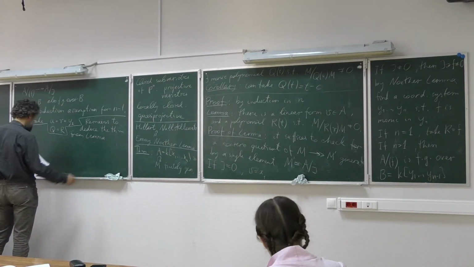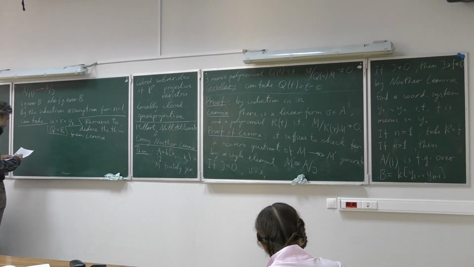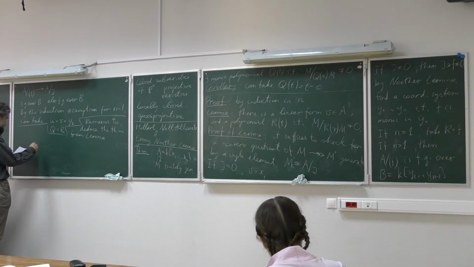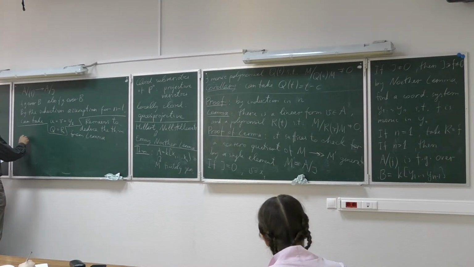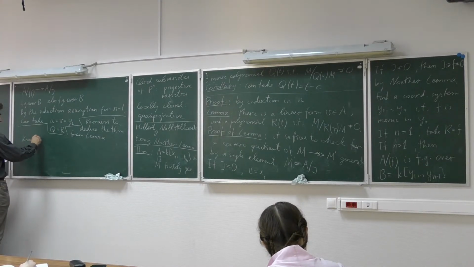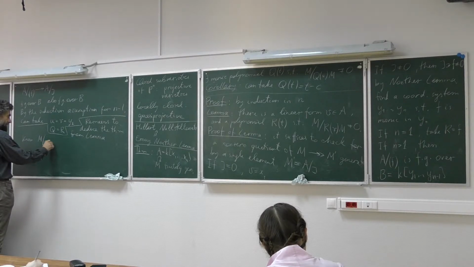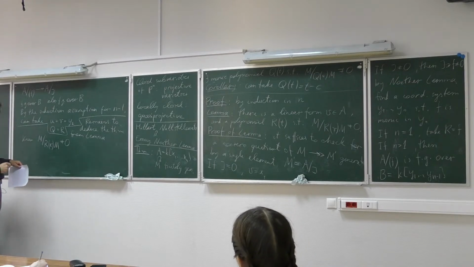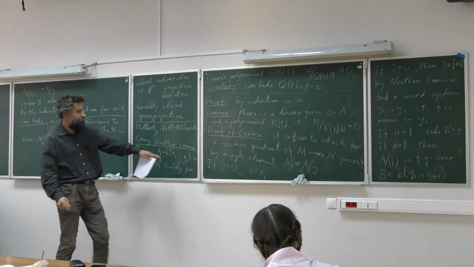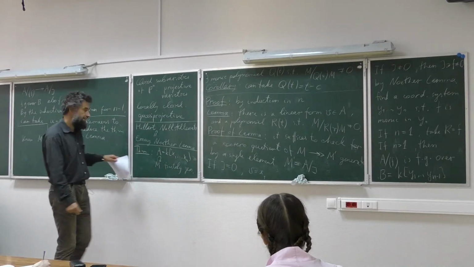Okay, so let's deduce. We know that m modulo r of v m is not 0, and we want to prove something for u acting on this m.